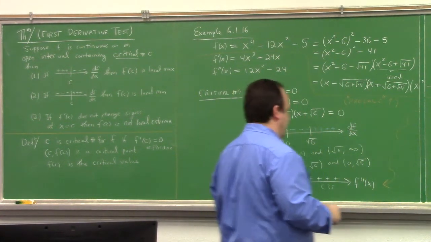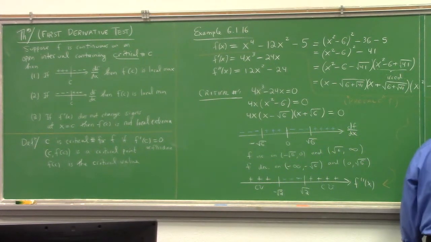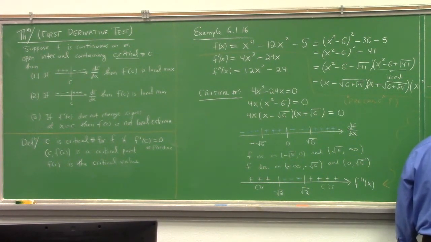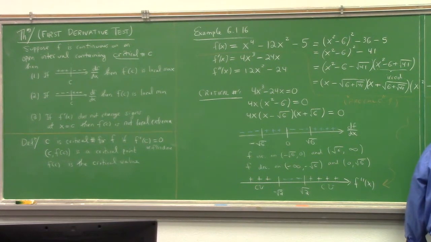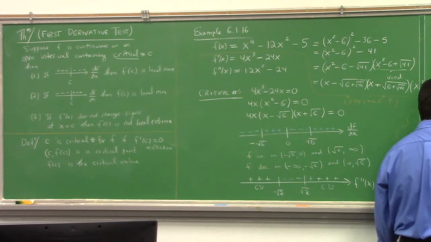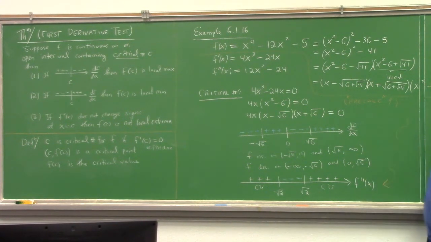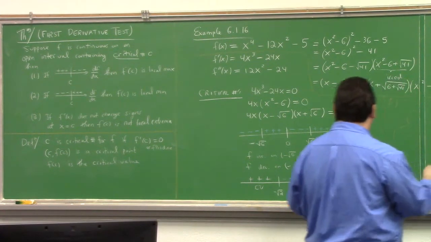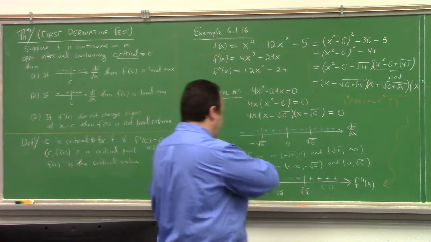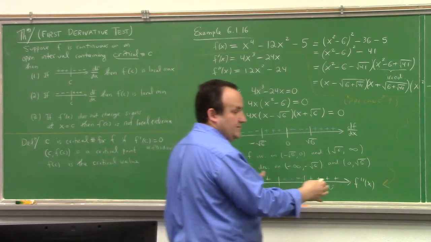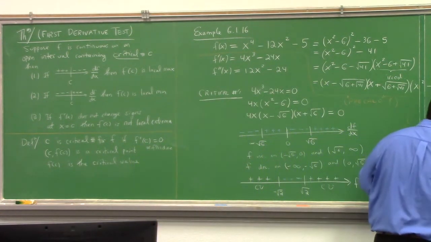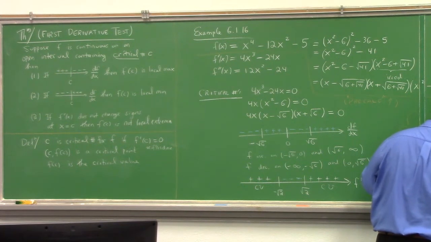When we get to square root of 2, let me put some markers on here. So when we get to minus the square root of 2, it's supposed to flip from concave down to concave up. So right here, there's supposed to be a point of inflection. It's supposed to kind of turn over like that.